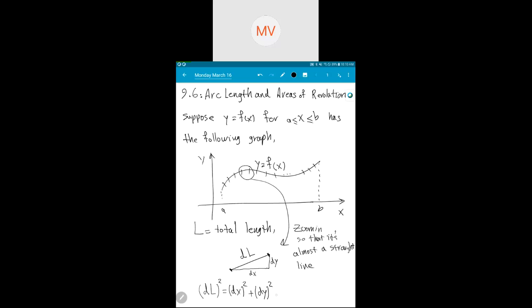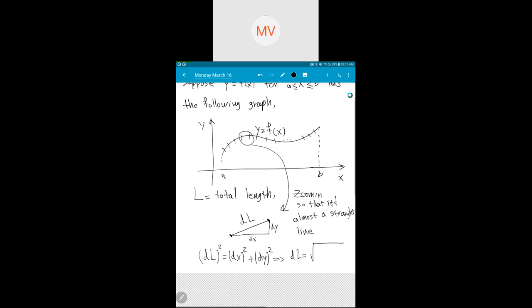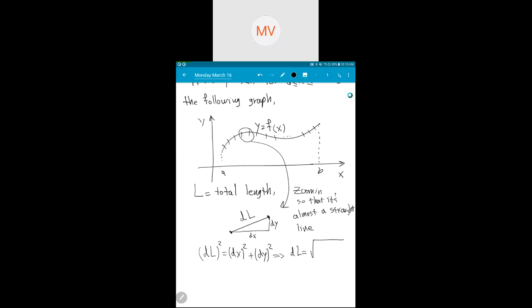Therefore, dL is the square root of dx squared plus dy squared, for the reason we just explained, since I'm finding the little element of this curve.